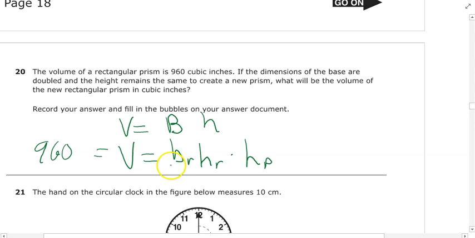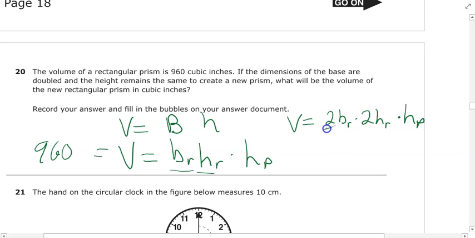So the dimensions of the base are the base and height of the rectangle. Let's double those. So what's the new volume going to equal? If I take twice the base of the rectangle and twice the height of the rectangle, and then still multiply it by the height of the prism, because that didn't double.